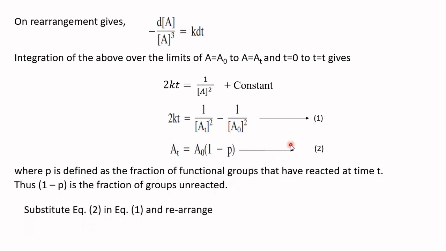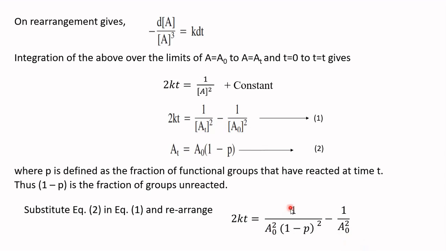Then you substitute this equation 2 in equation 1. So you will get this expression: 2kt equals 1 divided by At to the power 2. You substitute the value of At, that is A naught into 1 minus p. It becomes 1 divided by A naught square into (1 minus p) whole square, minus 1 divided by A naught square.